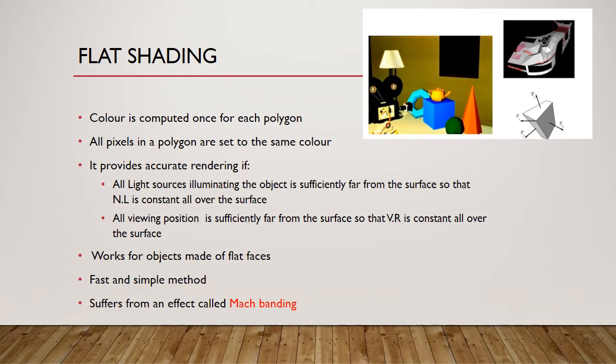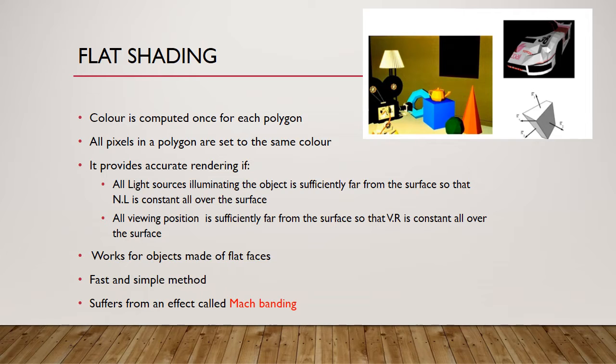About flat shading: a single illumination is applied to the entire object, so it's also called constant shading. The color is computed once for each polygon and it's applied throughout the polygon. That's how flat shading works. But the disadvantage of flat shading is that it contains Mach banding.